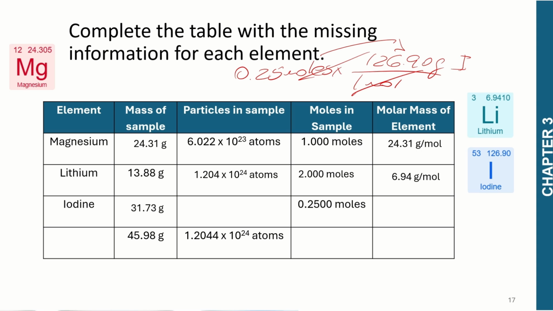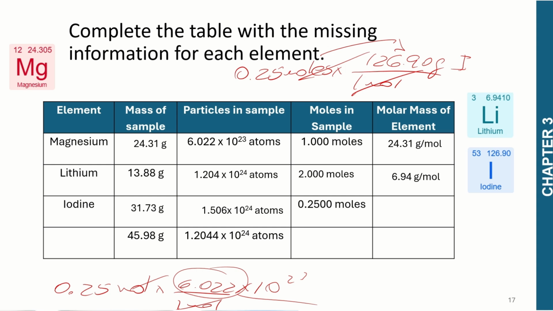I'm going to do the same thing with Avogadro. I'm going to multiply by Avogadro, because I know that 1 mole is 6.022 times 10^23. So we're going to divide this more or less by 4, and we're going to have 1.506 times 10^24 atoms.